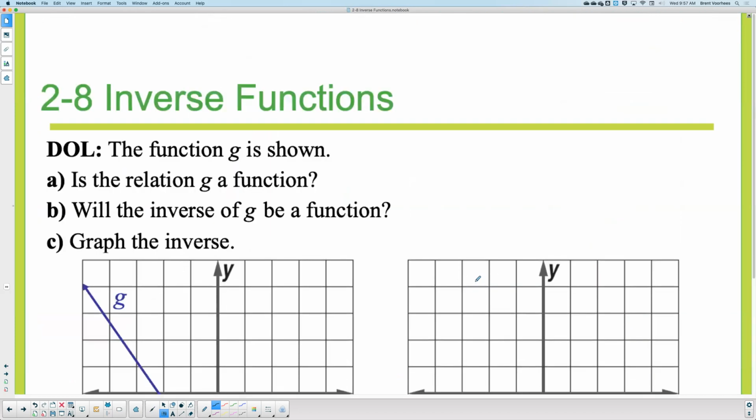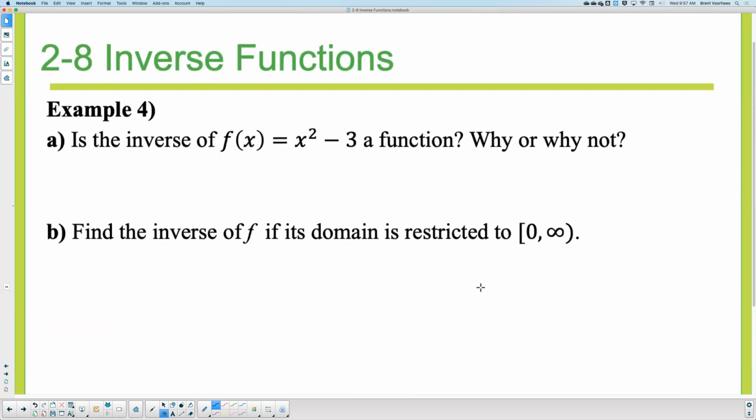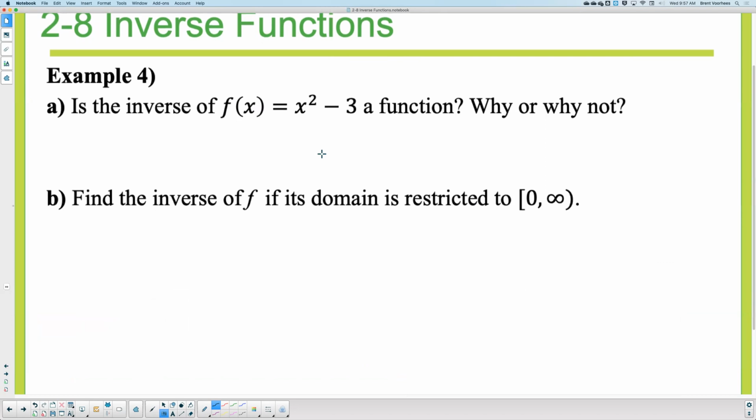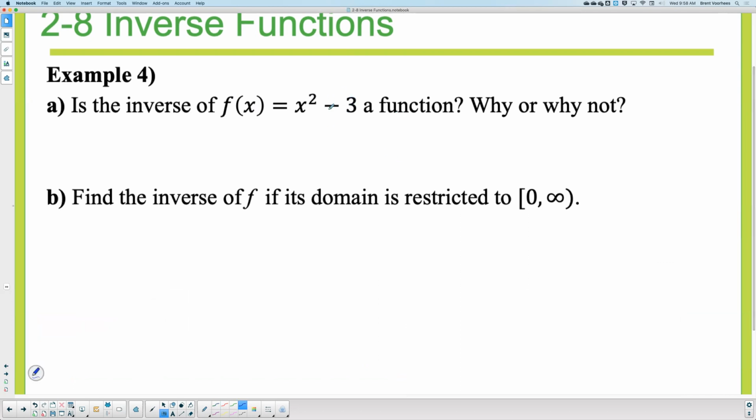All right, moving on. Example 4. Now let's get into some algebra. It says, is the inverse of f of x equals x squared minus 3 a function? Why or why not? So let's think about, what is f of x equals x squared minus 3? What's that graph going to look like? You should know these by heart by now. A parabola. Now, 3 spaces to the right, okay, is that inside or outside?